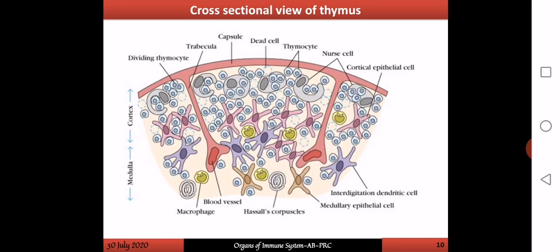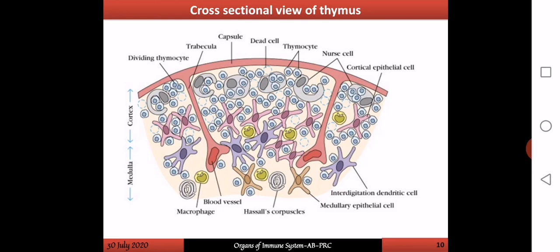So this is the image that gives you an idea about the cross section of the thymus. Here you can see the medullary portion, the cortex region, and also the trabeculae, which are separating the lobules. You can see the capsule. Then we have the thymocytes.